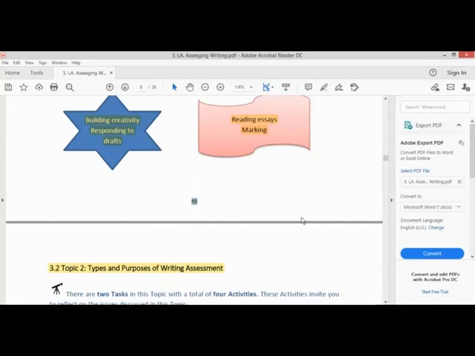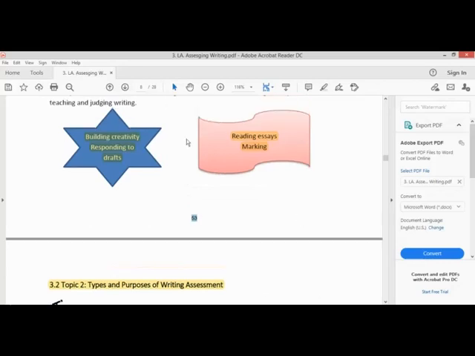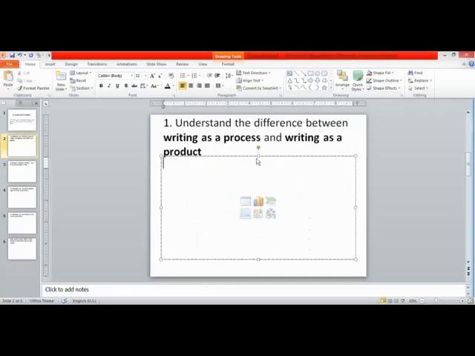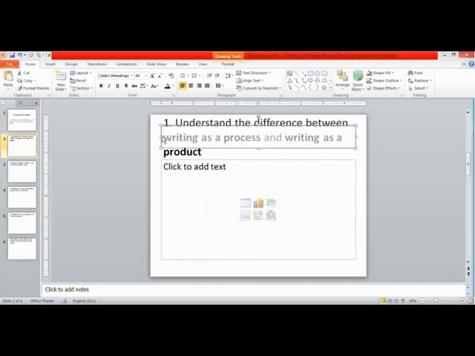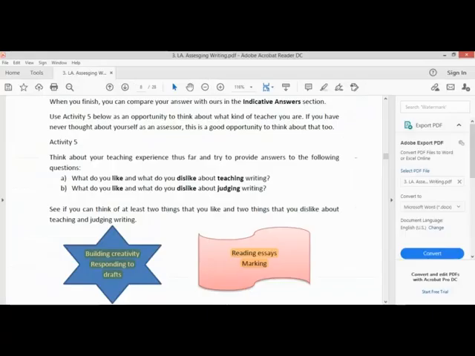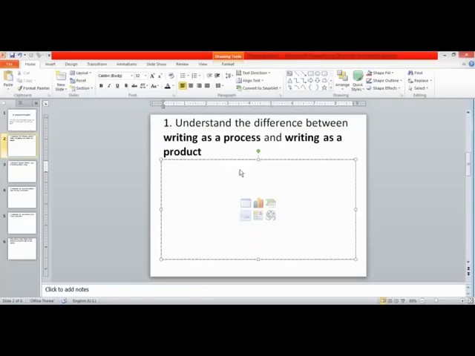After you follow the guidance or the activities in this book, I hope you can explain what is meant by writing as a process and what is meant by writing as a product, based on the explanation in this book, and give examples.